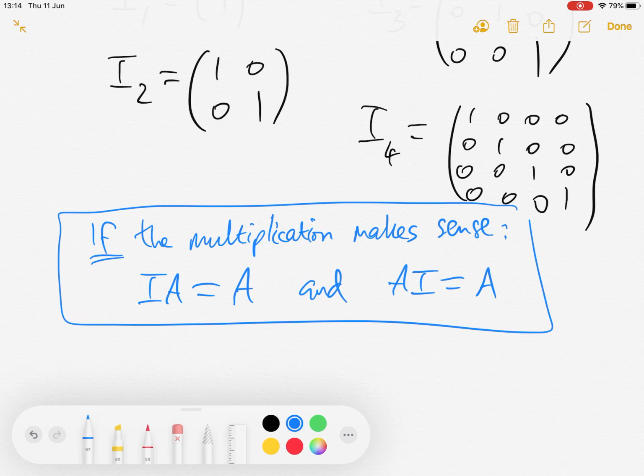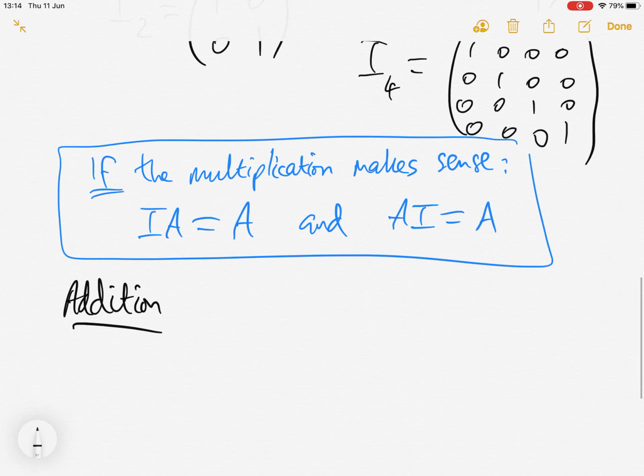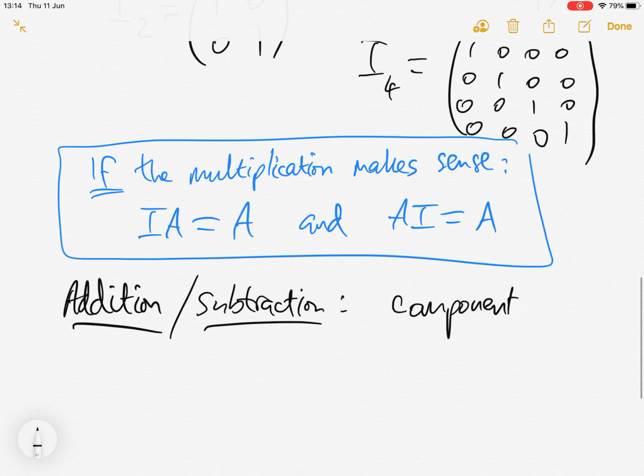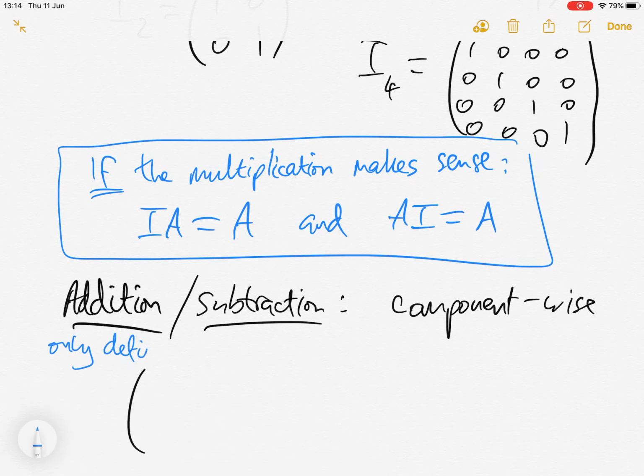So now we move on to addition. How do we add matrices together? In the way that you think we do, which is simply component-wise. What does this mean? It means, maybe it's important to say, this is only defined for matrices of the same dimensions.